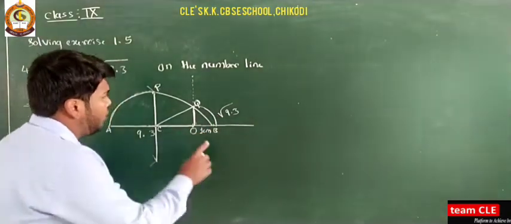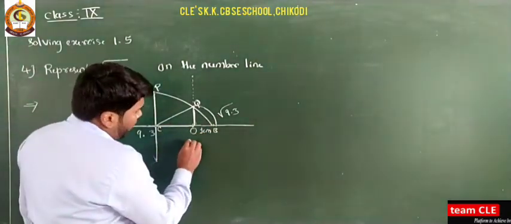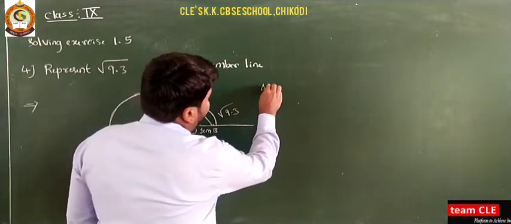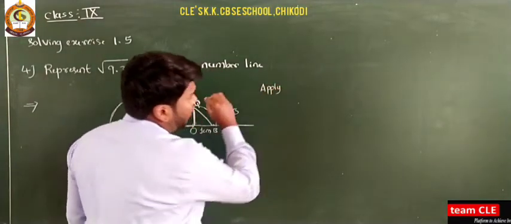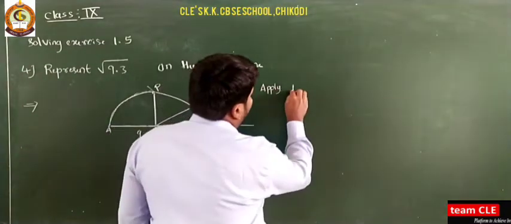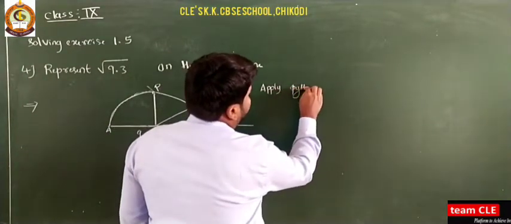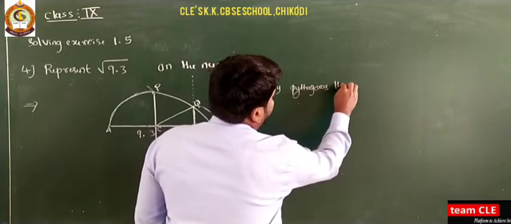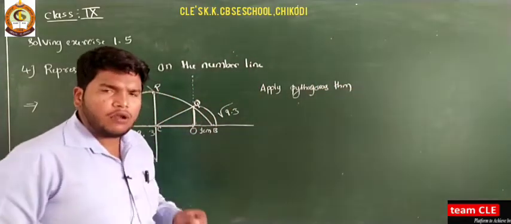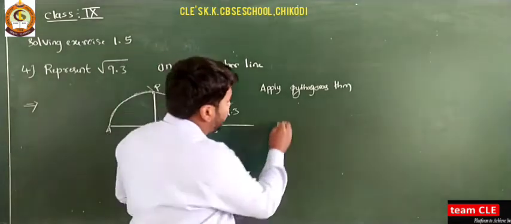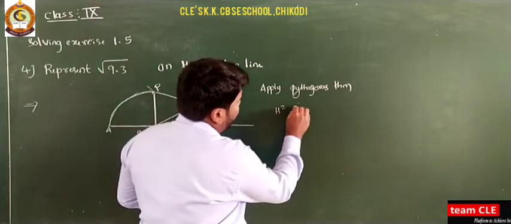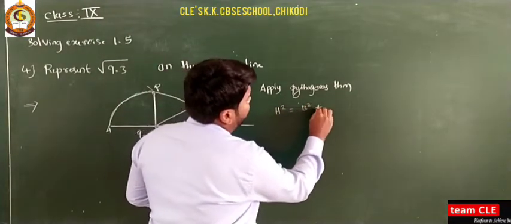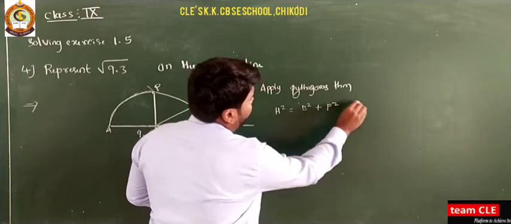So see now, apply the Pythagoras theorem. You already know the statement you have studied: hypotenuse square is equal to base square plus perpendicular square.